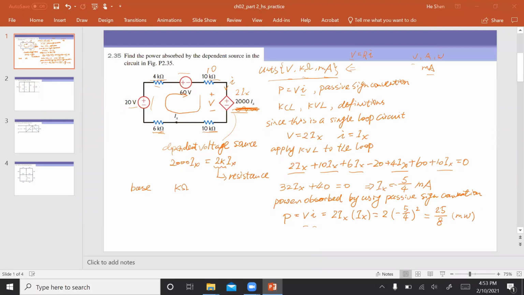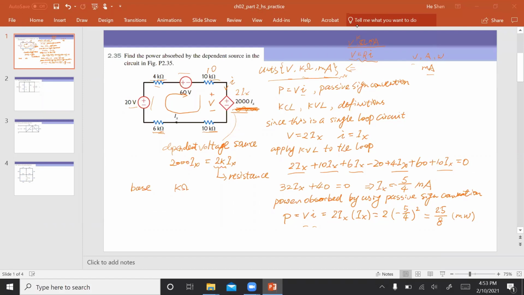If we use a standard unit, this will be volts, ohm, and amp. So they need to be compatible. If I give you a current in milliamp, a kilo ohm times milliamp is 1,000 times 10 to the power -3. The unit for voltage is also volt. So you can use this unit set to describe these three.